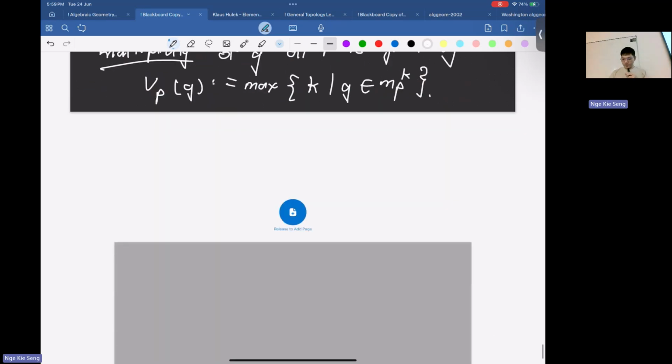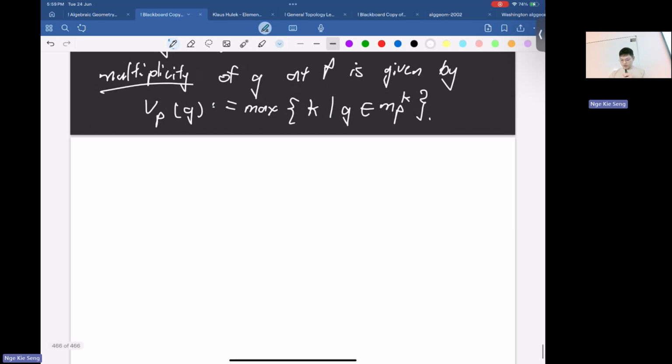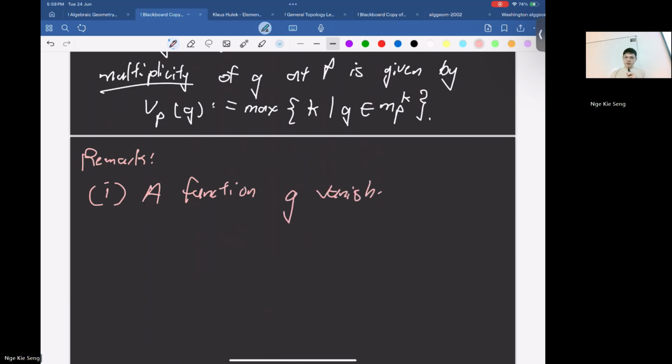Okay, so let me quickly make some remarks for this definition, then we can finish. What can you observe from here? First thing you can observe is that a function G will vanish at P if and only if G(P) equals 0. So you live inside MP, right?